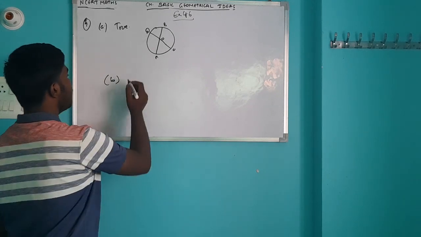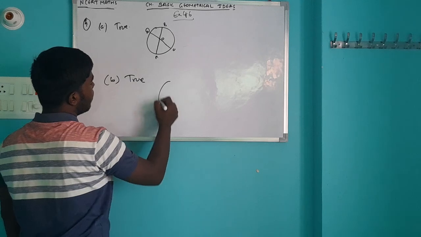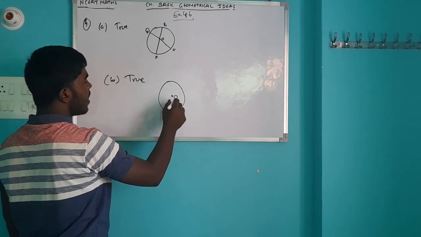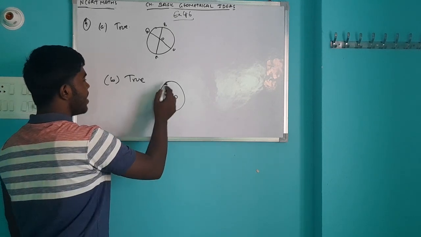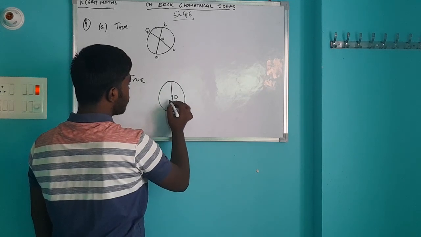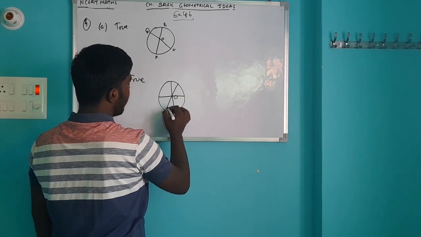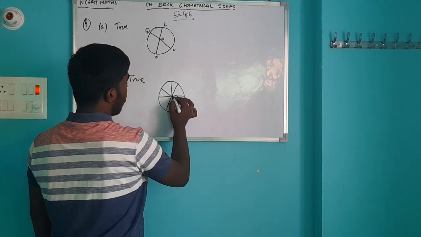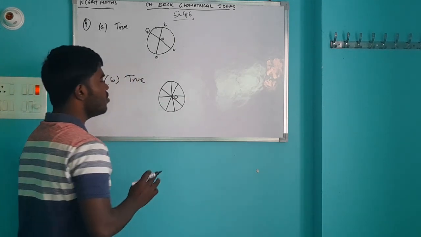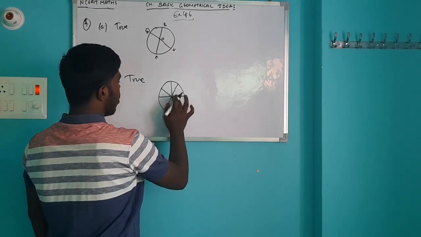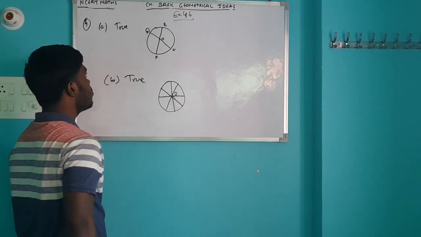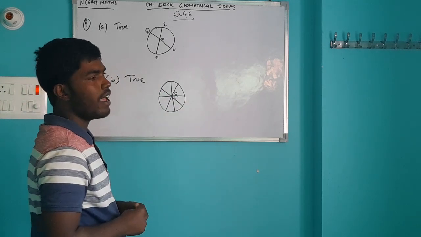So it is again true, because we have a circle and a point O, and O is lying inside this circle, inside the circumference. In the previous question I already told you that whenever an interior point is asked, always use our first priority, which is the center O, having different diameters. So this is all about this chapter and this exercise.